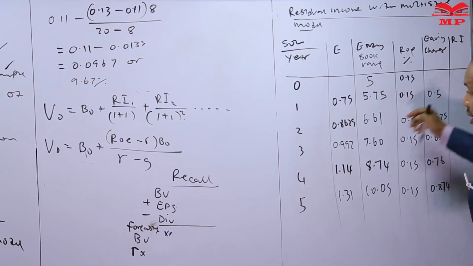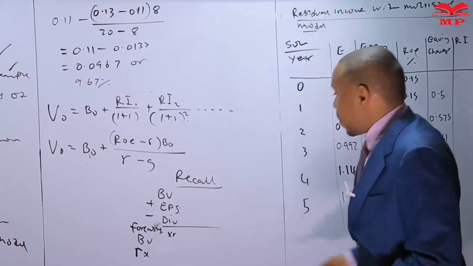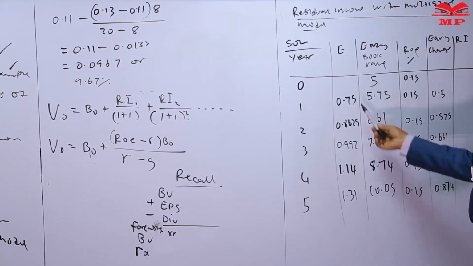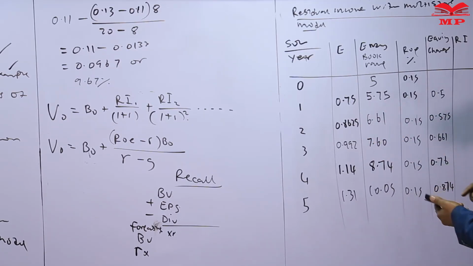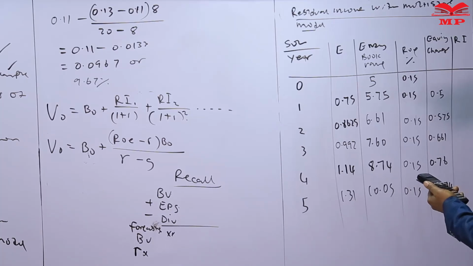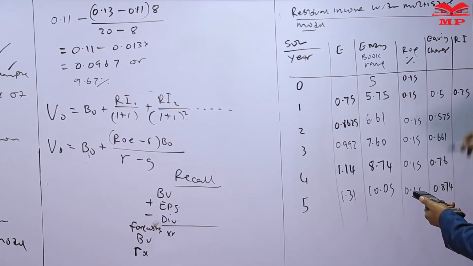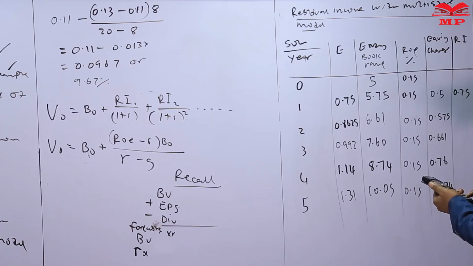Can we get the residual income? Yes. The residual income is just given as the earnings, or the EPS, less the equity charge. So it's this one minus this one, and we continue like that. We say it is the earnings 0.75 minus 0.5, 0.25. Then 0.8625 minus 0.575, 0.2875.